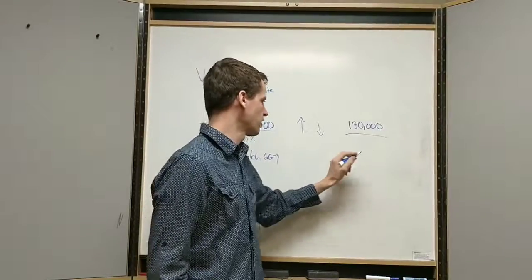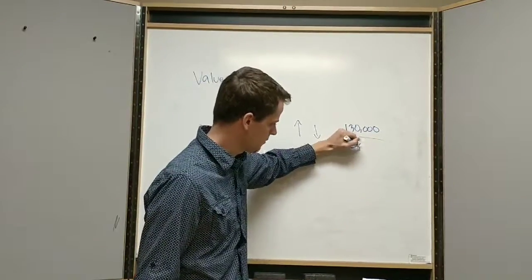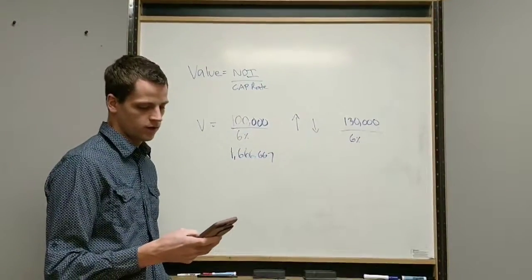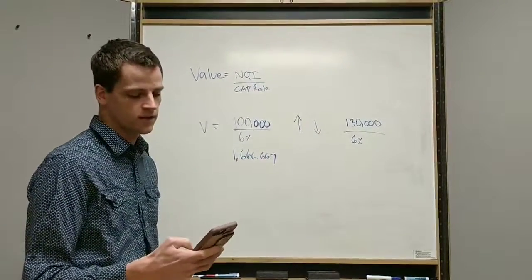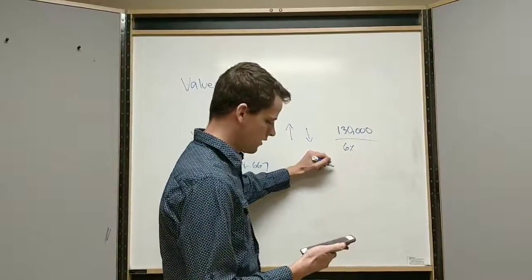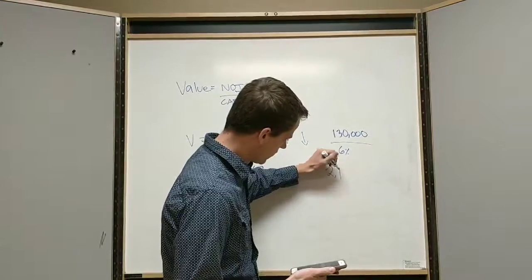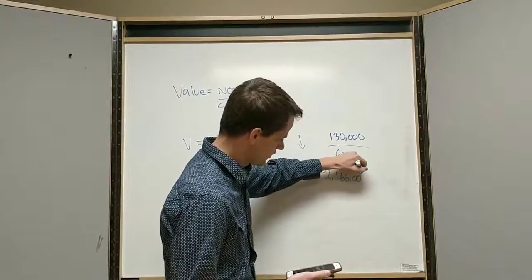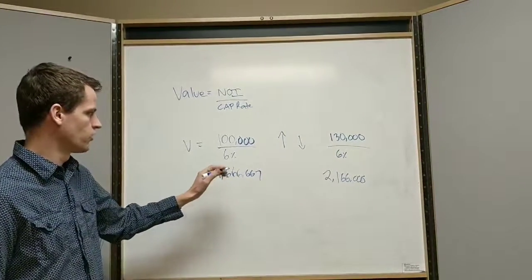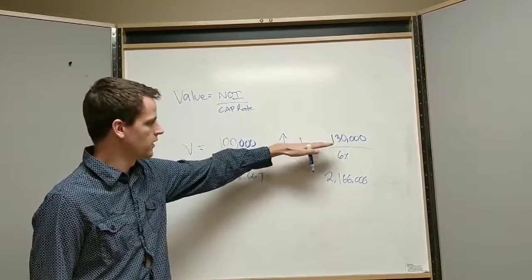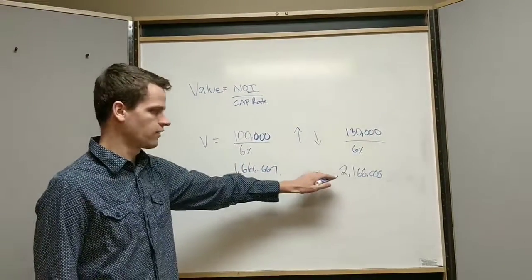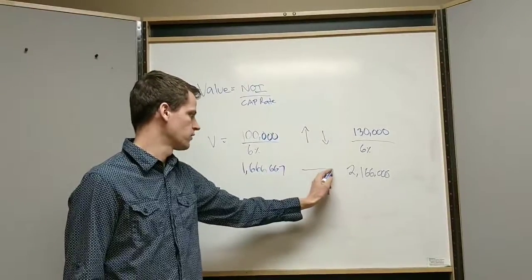You take that $130,000 at the 6 cap and do the math: 130,000 divided by 0.06, and we've just increased the value. I'm running out of room here, I'll write it. It's now worth $2,166,000. So by simply increasing the rents a little bit and managing the expenses a little bit better, we just created about $500,000 of value between the two.